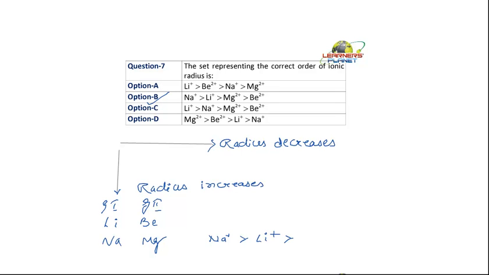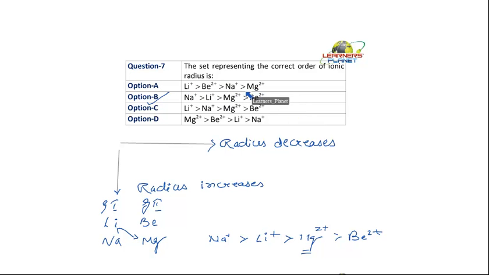See, sodium ion has more radius than Li plus, which has more radius than Mg, because there is a diagonal relationship also. Their radius will be close, but lithium will be slightly more. See, this is a 2 plus ion moreover, and this is more than Be2 plus, right? Always when the charge on the cation increases, the radius decreases. So this is your answer.